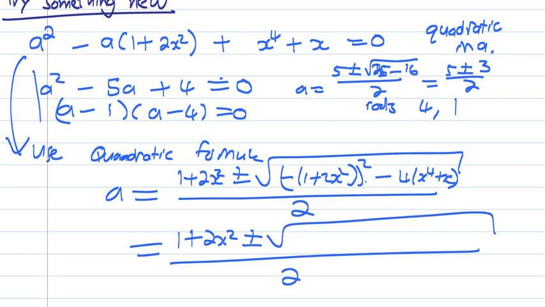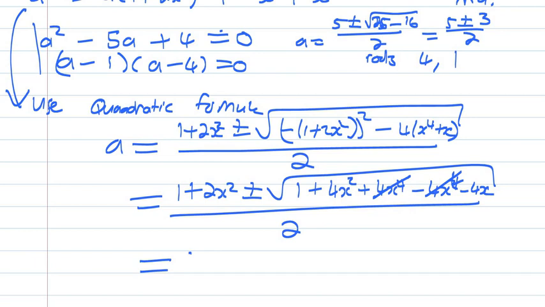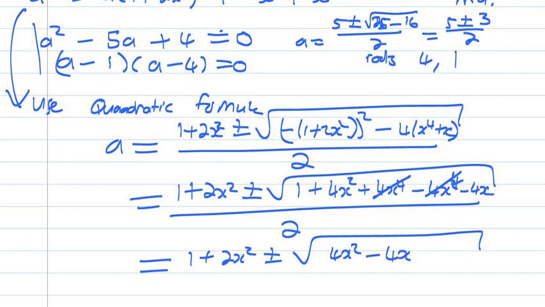So if we do all of this, we get 1 plus 4x squared plus 4x to the power 4 minus 4x squared minus 4x to the 4 minus 4x. So that kills that. And so now this becomes 1 plus 2x squared plus minus the square root of 4x squared minus 4x plus 1.